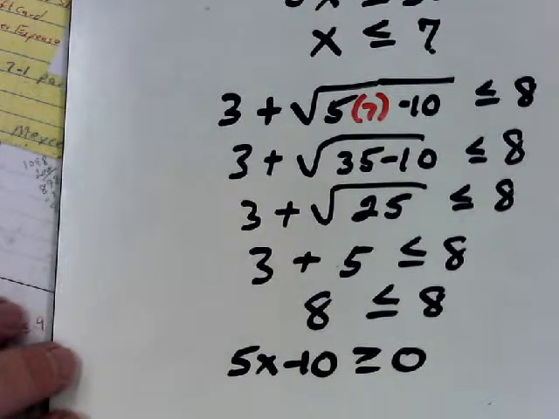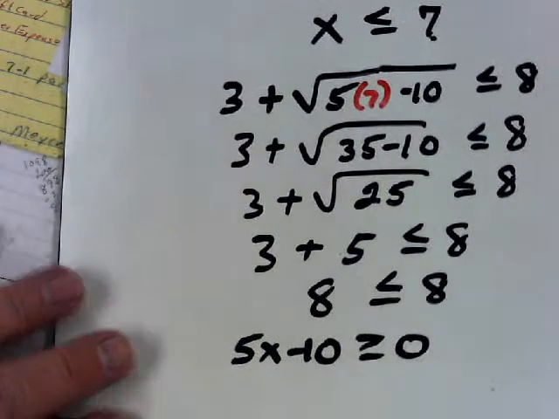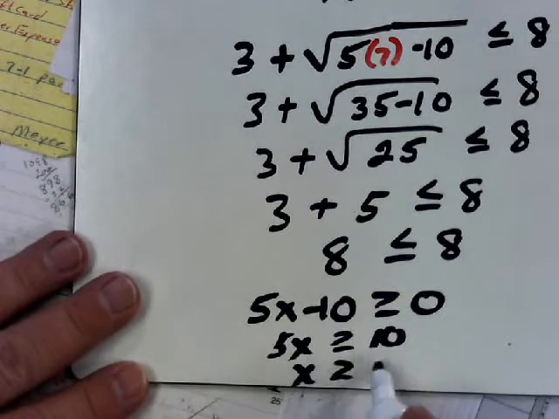Why? Because I can only find the square root, or an even root, of something that is positive. Otherwise, it is a negative root, which makes it imaginary, correct? Remember imaginary roots? Like the square root of negative 4 became 2i. Okay? So now if I solve this, 5x is greater than or equal to 10, so x has to be greater than or equal to 2.